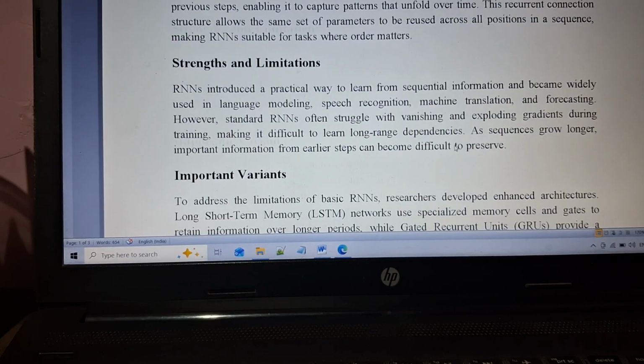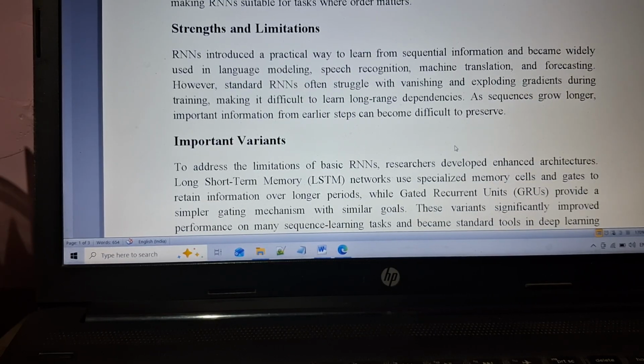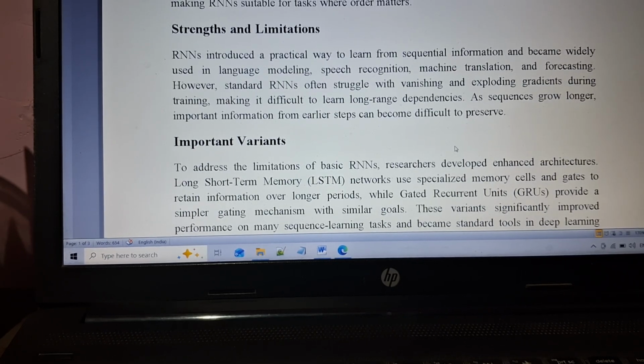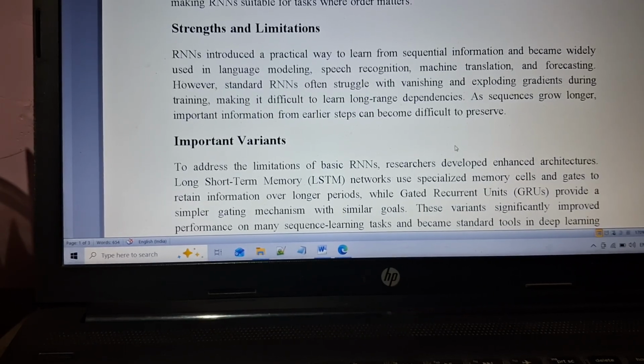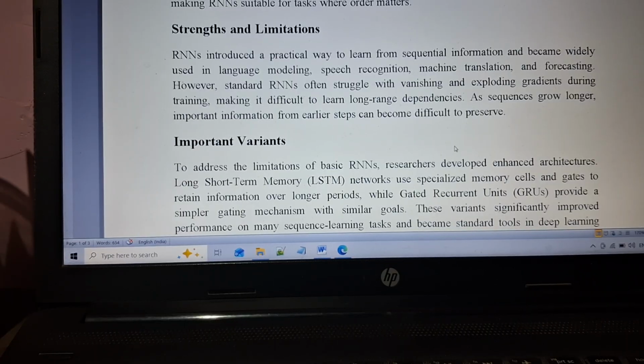Strengths and limitations. What are the strengths and limitations of RNN? Recurrent neural networks introduce a practical way to learn from sequential information and became widely used in language modeling, speech recognition, machine translation. Machine translation means you can give queries and prompts that can translate the data on behalf of your prompt.